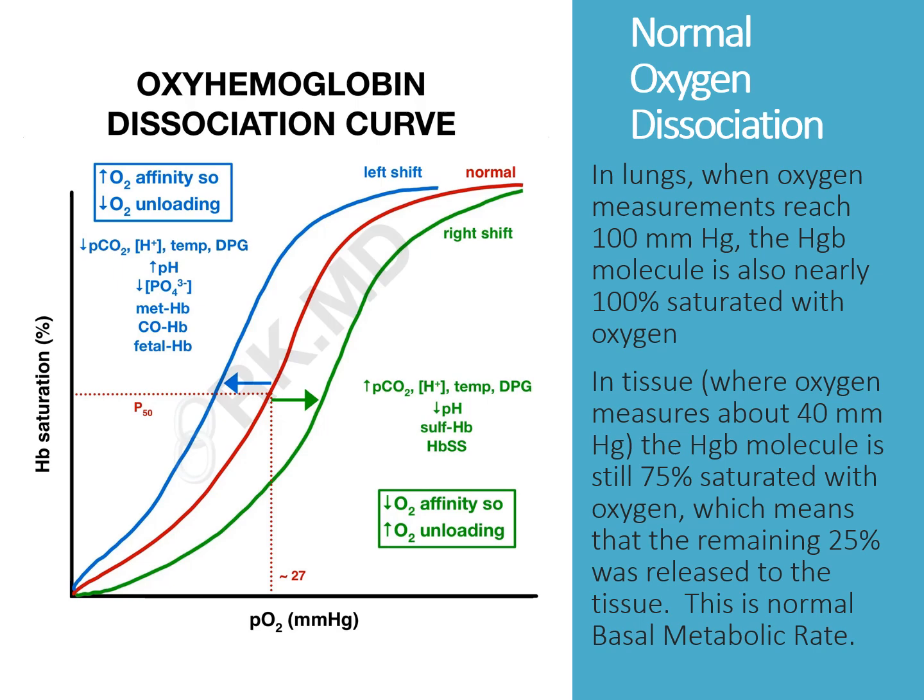moving on from that dissociation curve, I think it's really important for you to remember the conditions. Now, let's think about some situations where a right shift may occur. You might have a right shift when you're running a race because you have an increased need of oxygen delivery to those muscles that are being used.